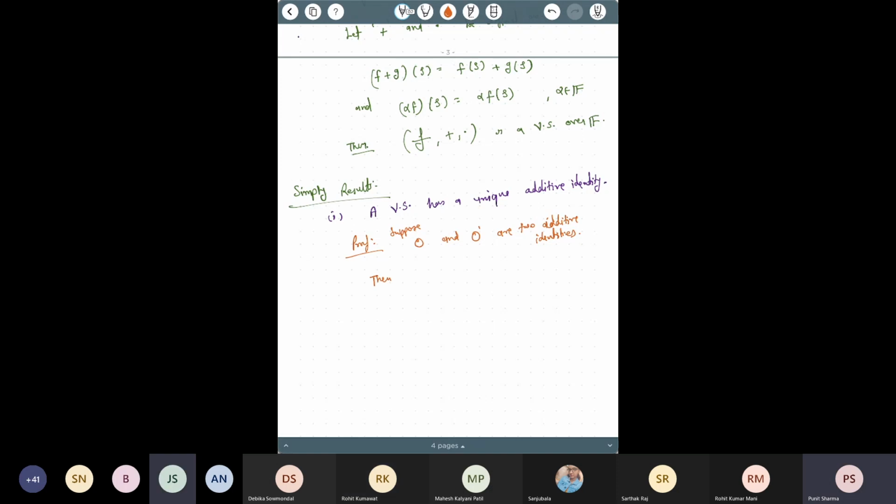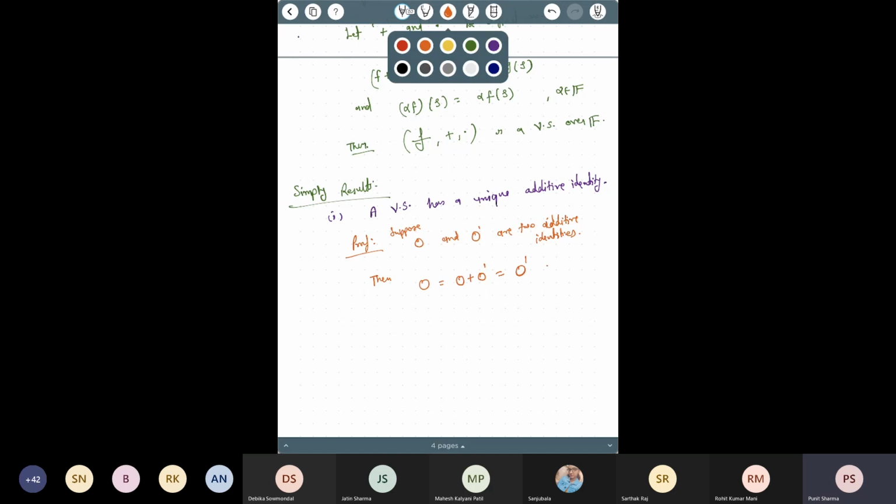So 0 plus 0 dash is equal to 0, and 0 dash plus 0 is equal to 0 dash, and that's why 0 is equal to 0 dash. Since 0 dash also belongs to the vector space, by using the property that 0 is an additive identity, 0 is equal to 0 plus 0 dash. But 0 dash is also an additive identity, and 0 belongs to the vector space, so the same thing can be used for 0 dash also. So this is equal to 0 dash, and that's all.